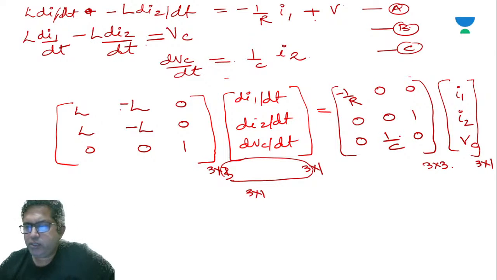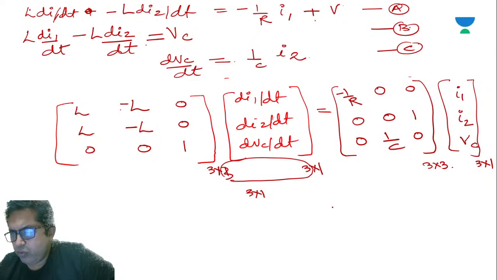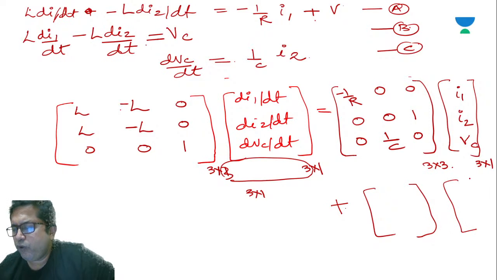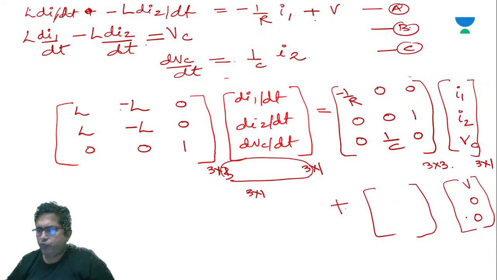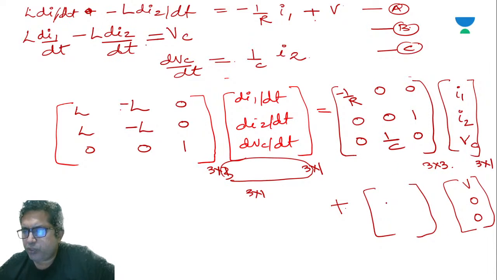Okay, so now I want the input term. How many inputs are there? Only for loop 1, V0, 0. Is it like this? We want 3 by 1, so this matrix will be 3 by 3. What is V1, 0, 0.